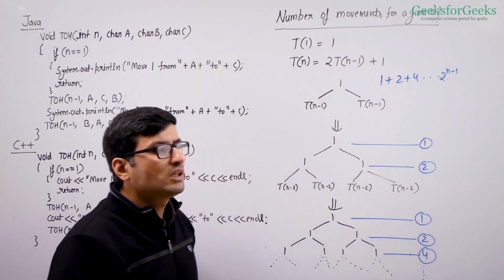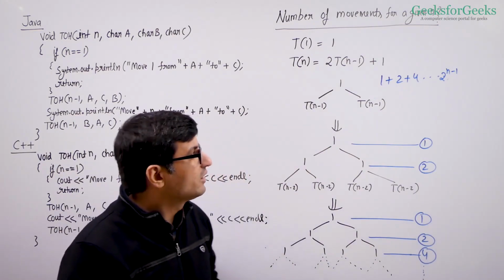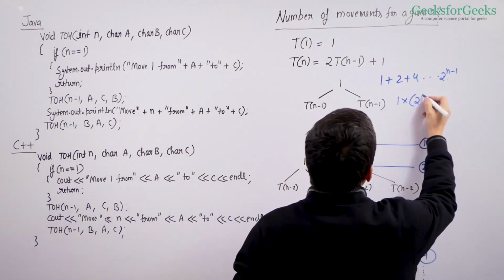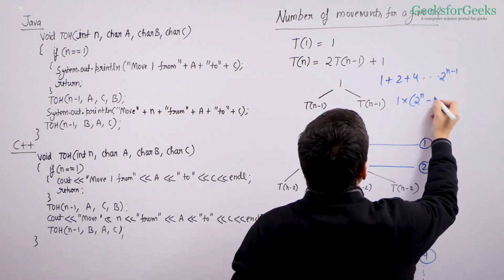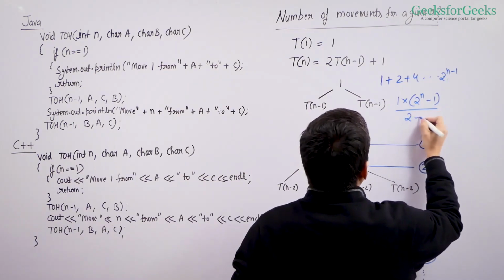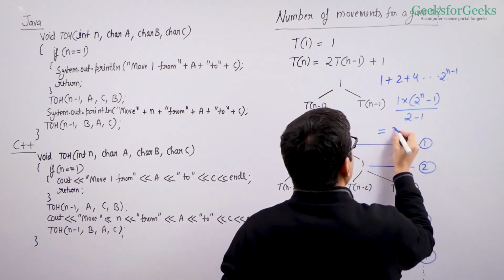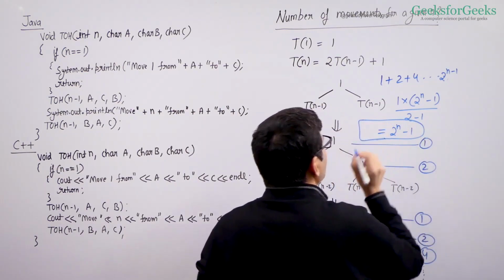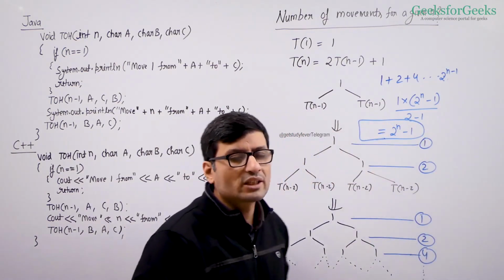Now if we do a sum of the series, what do we get? We get 1 times (2^n - 1) divided by (2 - 1), which is 2^n - 1. That's the number of movements we need to make for a given n.